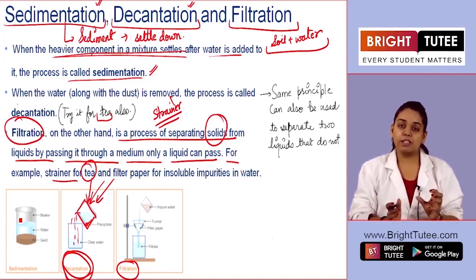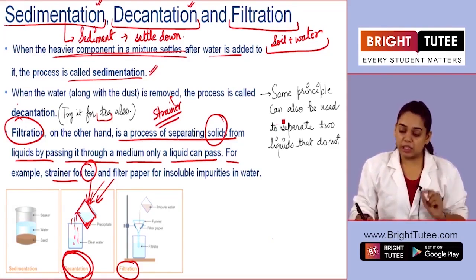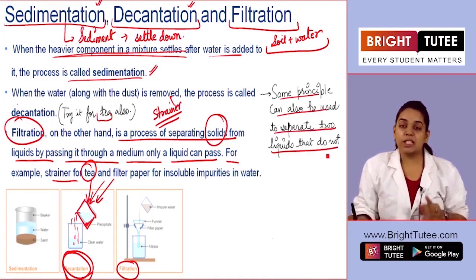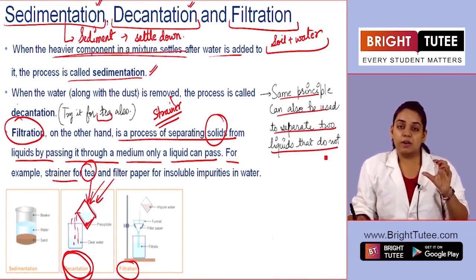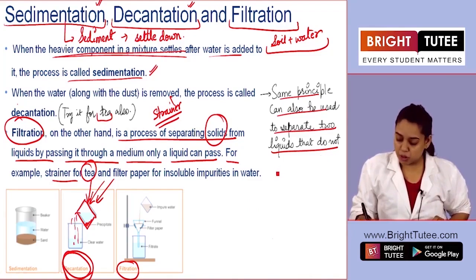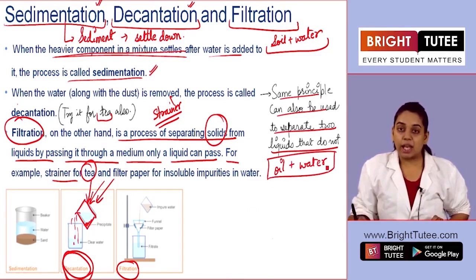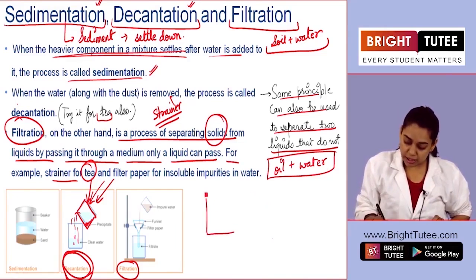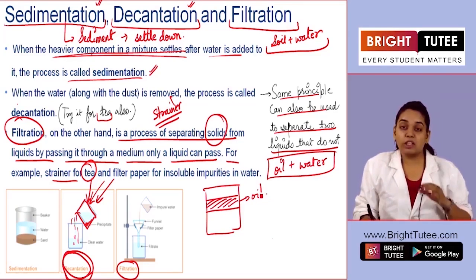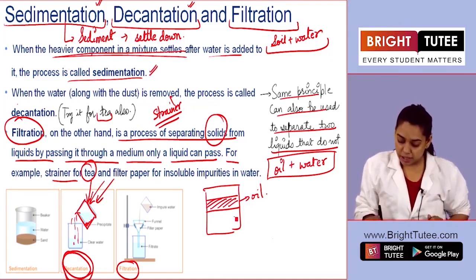But before that, let me explain to you that the same principle of decantation can also be used to separate two liquids that do not mix. As we have just discussed, in this we make use of the densities of the two liquids. Suppose we have a mixture of oil and water, and we know that these two do not mix completely, that is, they will form two different layers, and we can separate them by the process of decantation, as oil will form the topmost layer and water will be at the bottom layer.